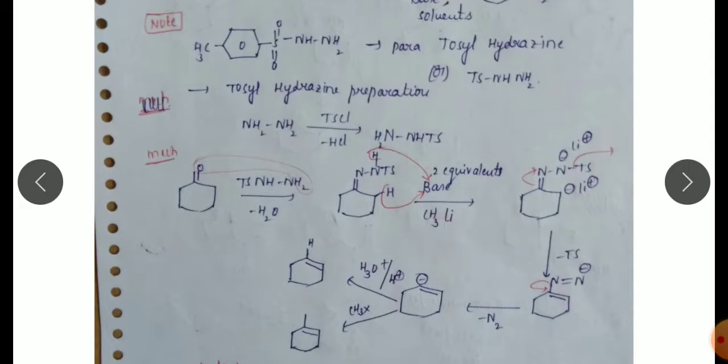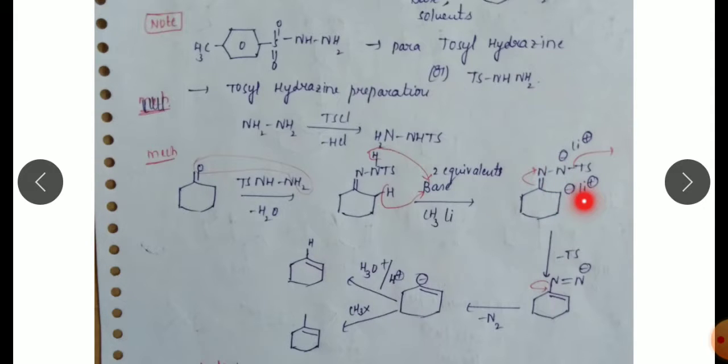Then this product is obtained like this. H plus is eliminated from this carbon, then the carbon gets a negative charge, and H plus is eliminated from this nitrogen, then this nitrogen gets a negative charge.